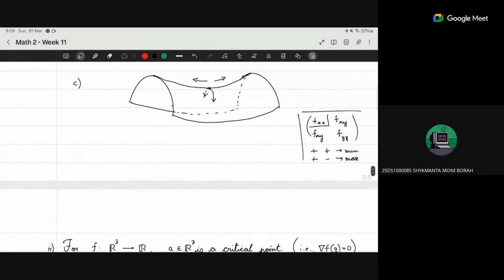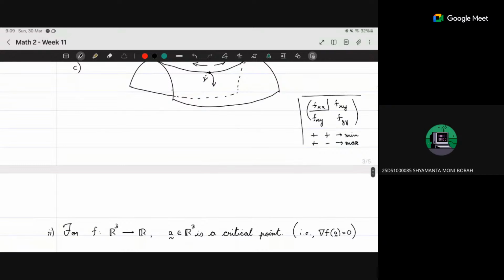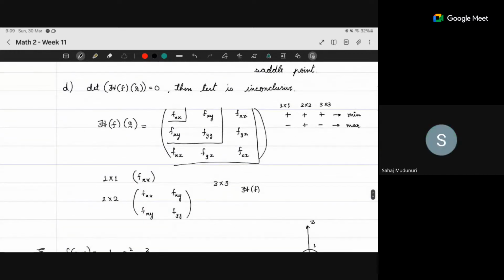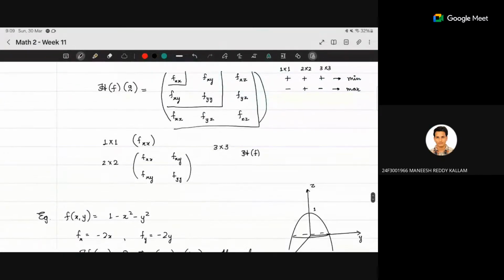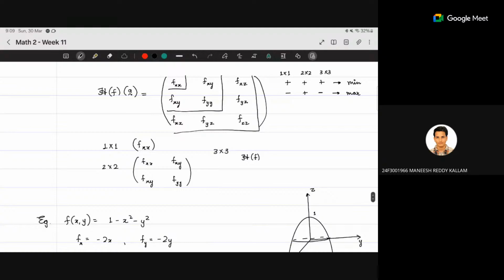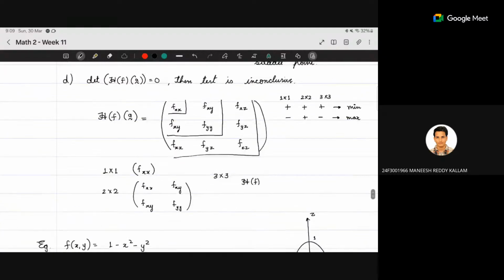You mean to say the signs? The signs of the determinants of the 1 cross 1 matrix, 2 cross 2 matrix, and so on. This is arguably a simpler way to remember. So this is just a shortcut, sir, what you just wrote, no? It's a shortcut, yeah. Sir, here the determinant is not negative for 2 cross 2, right? Right, there's that catch.